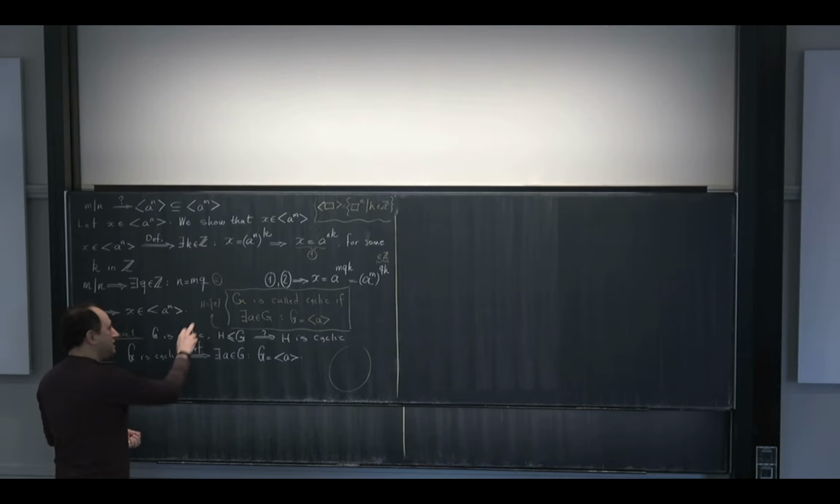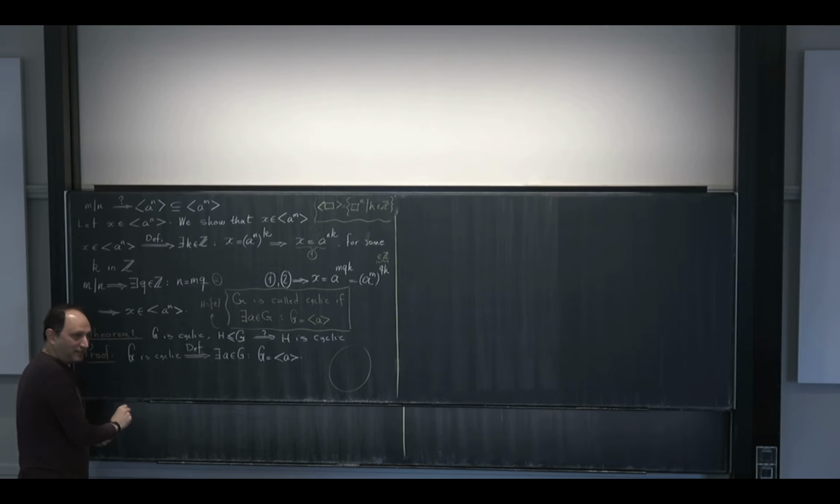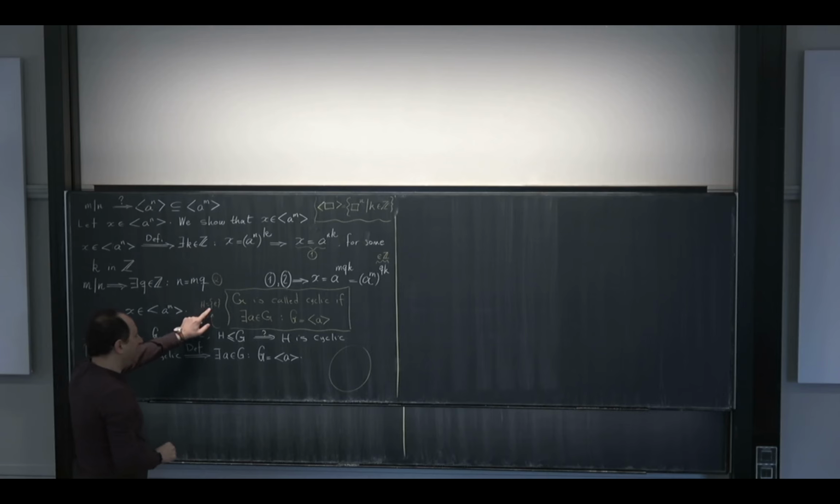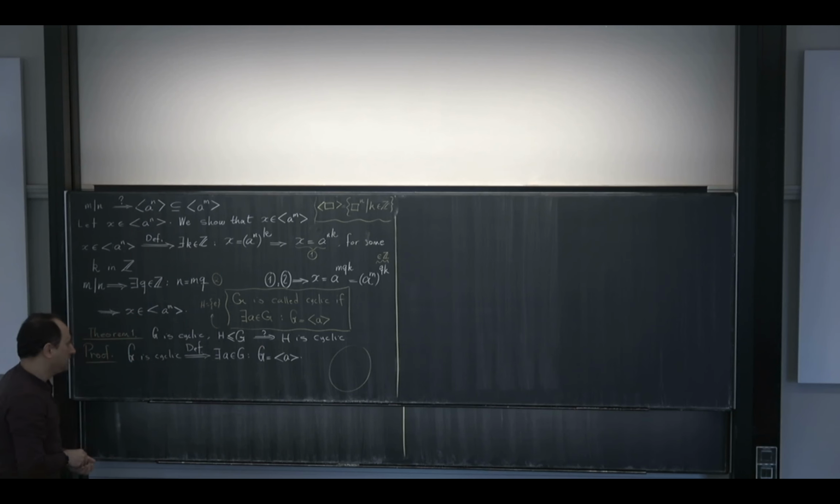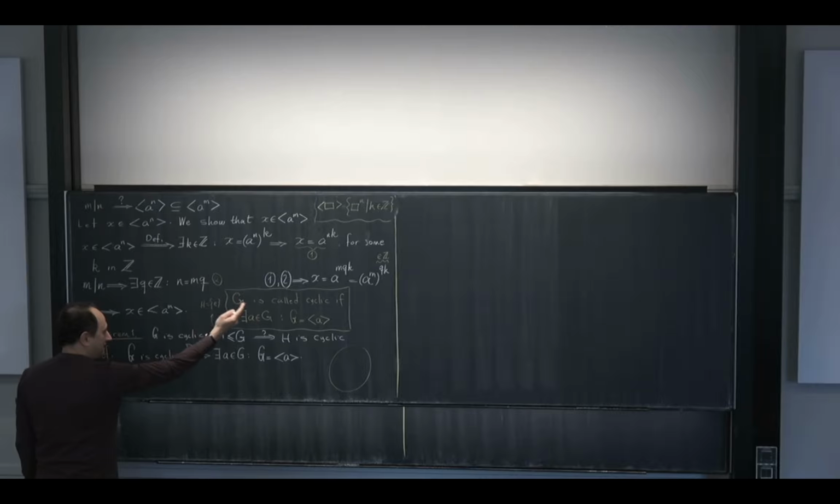So if H is this case, we are already done. So in principle, you should write that. If H is this subgroup, it is generated by e, and we are done. Okay? So we assume that H has something more in it. It has e, it should have e in it, but it has something more to it. So from now on, imagine that H has at least two elements.